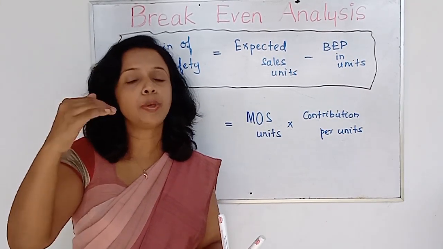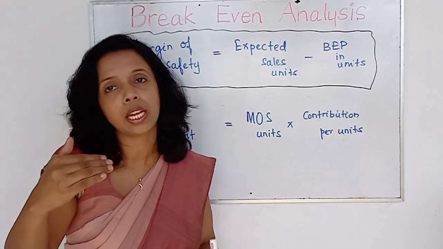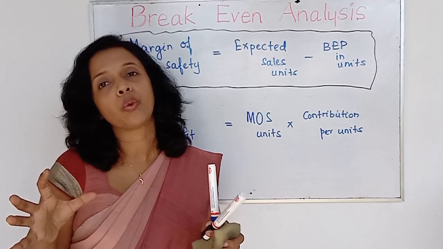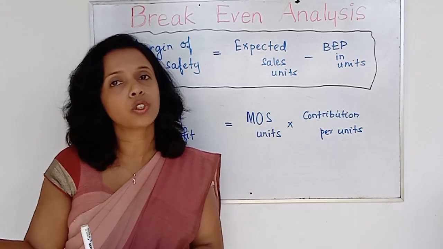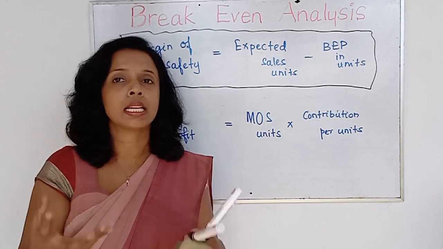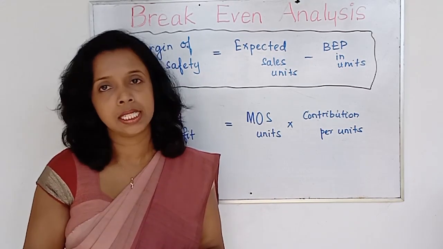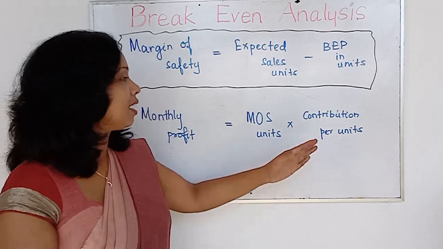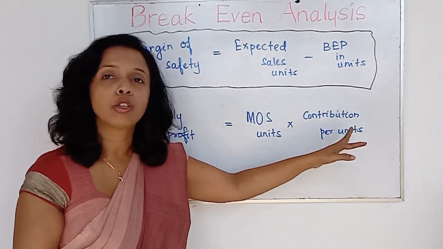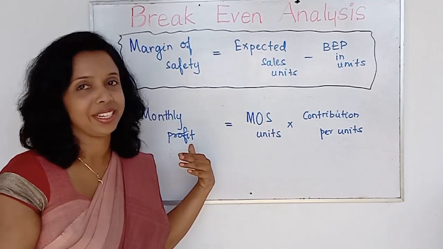Because contribution is selling price minus variable cost. In management accounting or cost accounting, we don't focus on the fixed cost part, which we have to incur somehow. It is something fixed in the business, right? So we consider contribution as the important tool to calculate the profit, right?